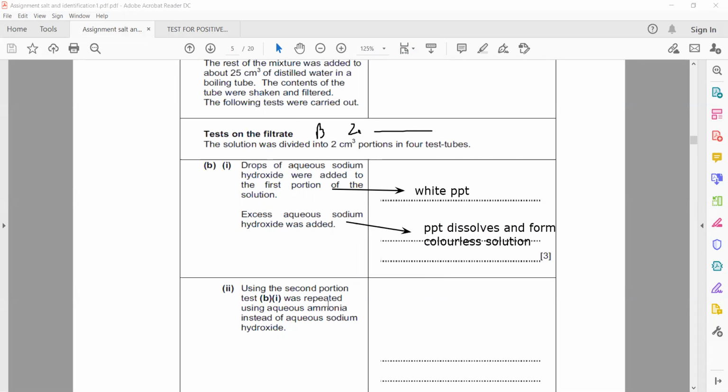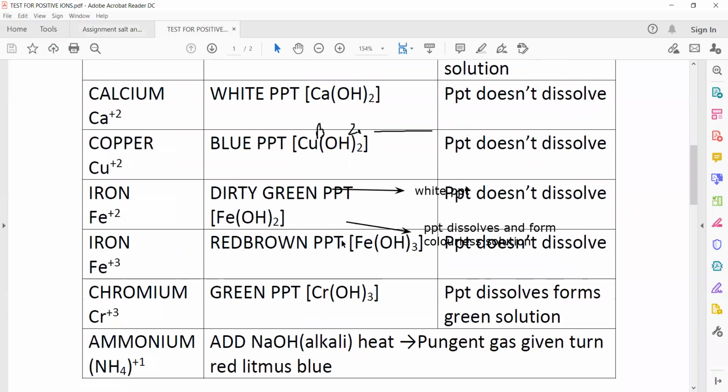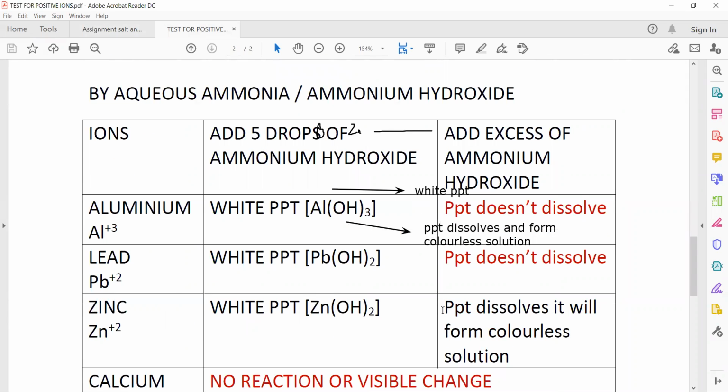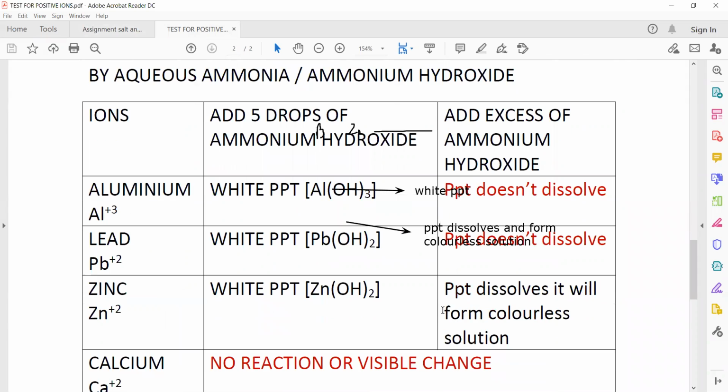Next, the second portion was repeated using aqueous ammonia instead of sodium hydroxide. So instead of sodium hydroxide, if you use aqueous ammonia, what will we observe? A white precipitate, and the precipitate dissolves to form a colorless solution.